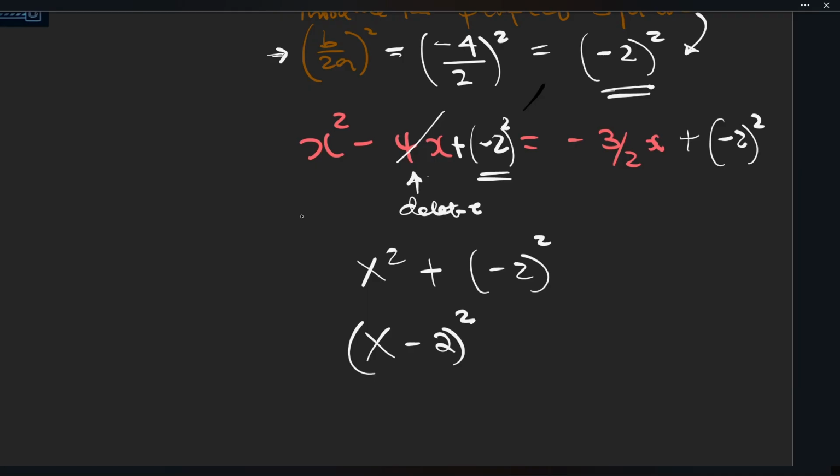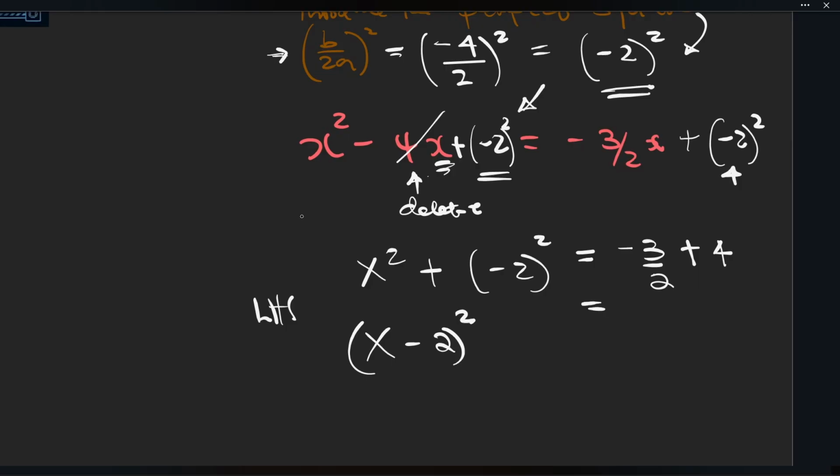But this is only on the left hand side. On the right hand side, I open the bracket and simplify so that I have negative 3 over 2 plus negative 2 squared, that will be 4. And I can keep going.